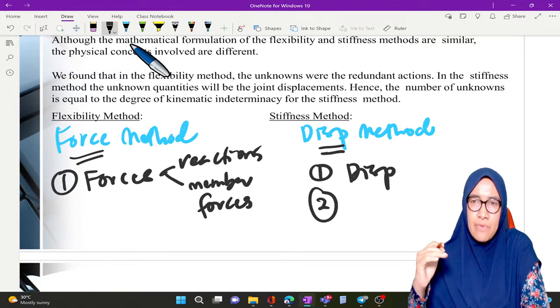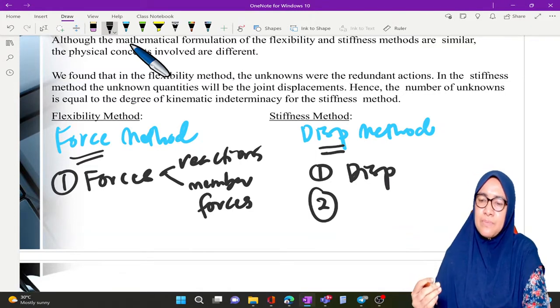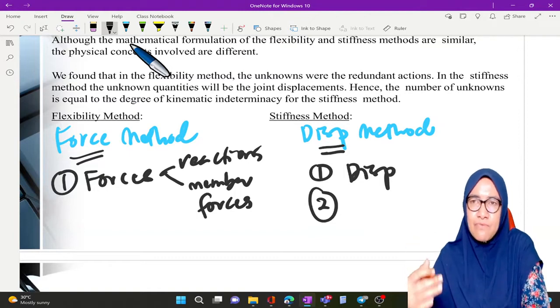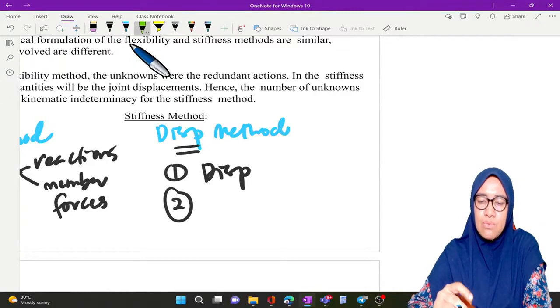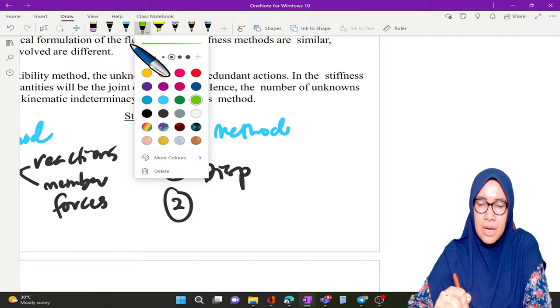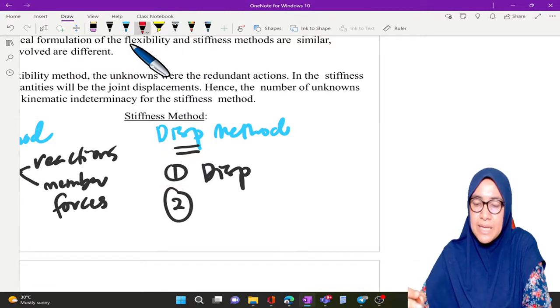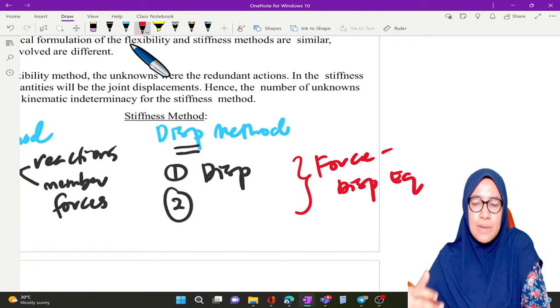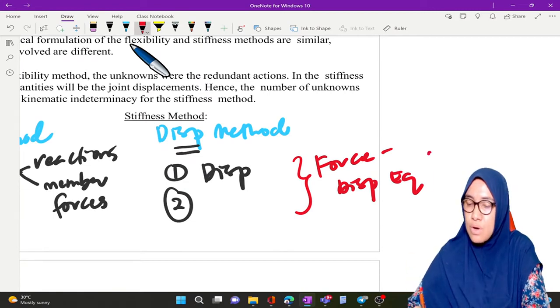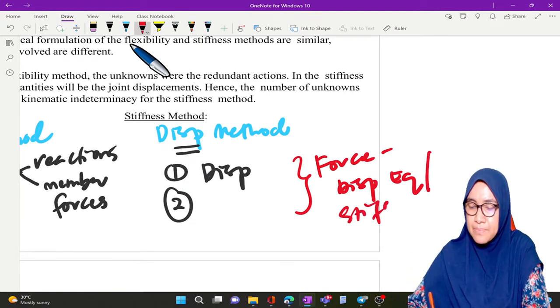Another advantage of using the stiffness method is that after we calculate displacement using what we call the force displacement equation, which is also called the stiffness equation.